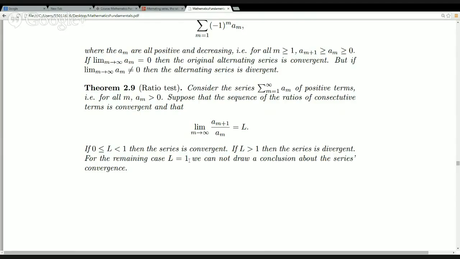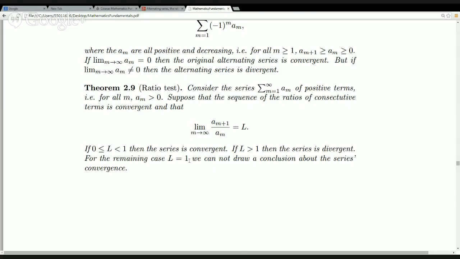Because if the limit of the ratio is L, eventually, if you wait around long enough, the ratio a_{m+1} over a_m gets very close to L. So just speaking roughly, a_{m+1} will be approximately L times a_m.